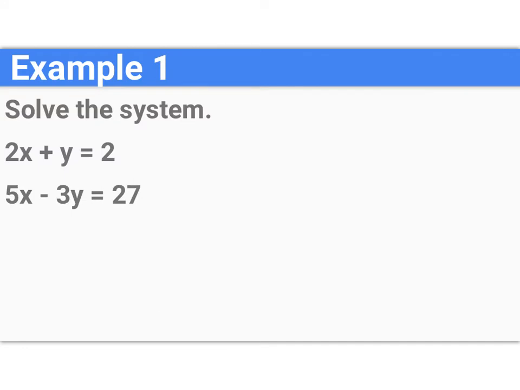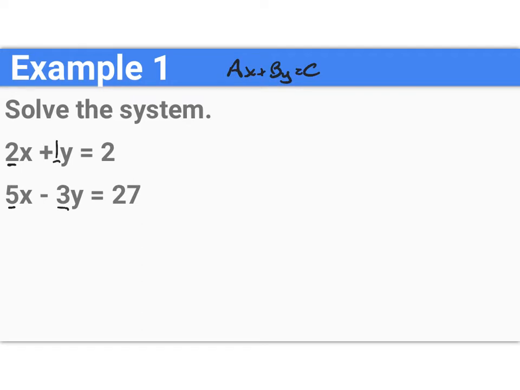All right, solve the system. Because these are both in standard form, ax plus by equals c, we would look to do the elimination method. But if we look at our coefficients, 2 and 5 and 1 and 3, they're not the same.